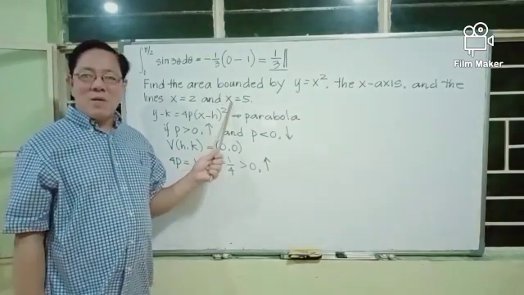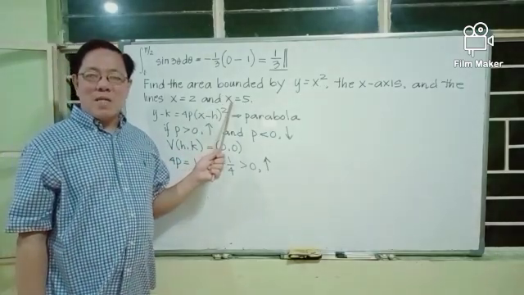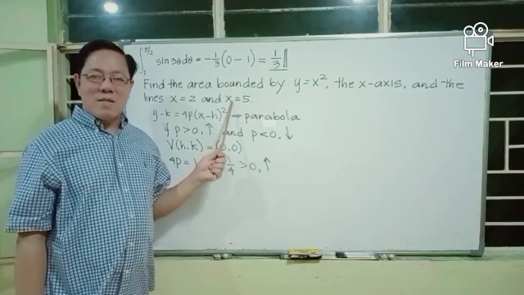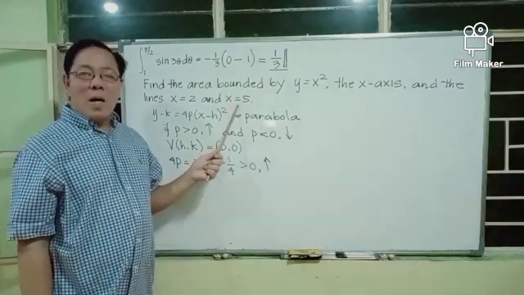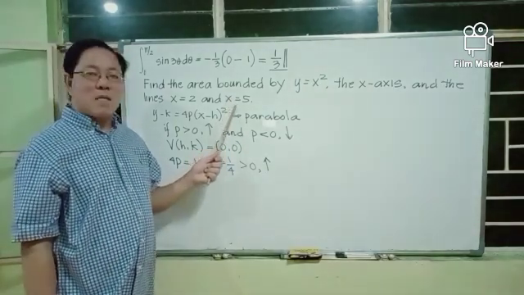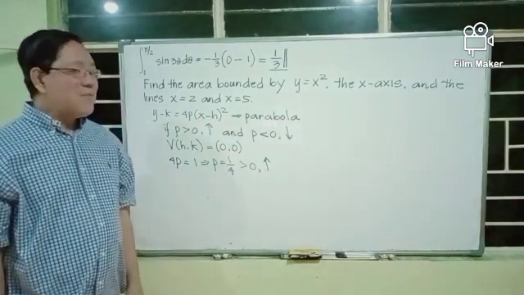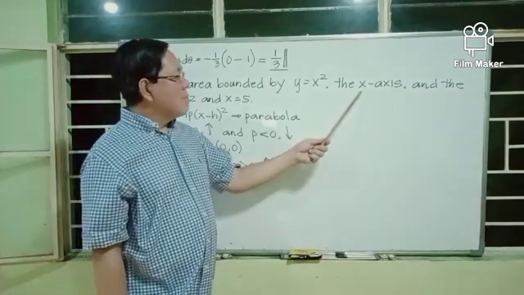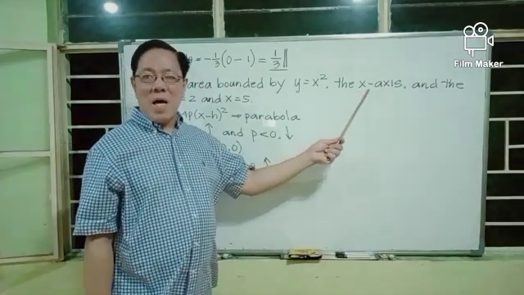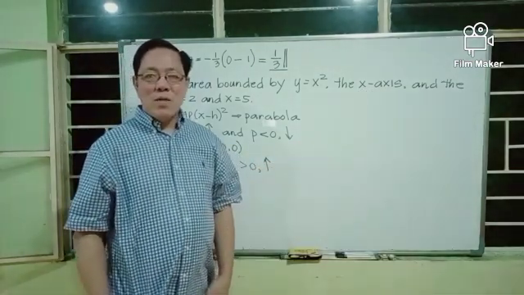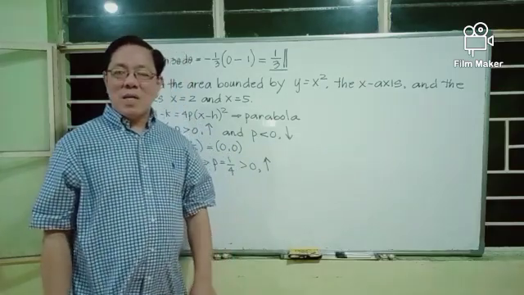This equation x equals 5 is also a vertical line parallel with the y-axis and will pass through the x-axis at the point x equals 5. And the area that we want to find is bounded by the part of the x-axis. Now we are ready to sketch the graph of the required area.